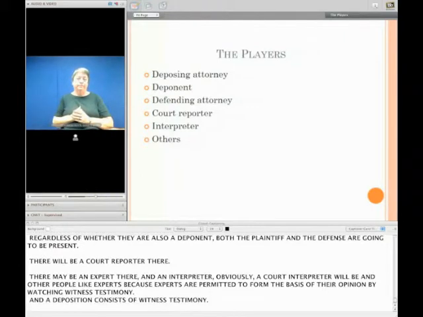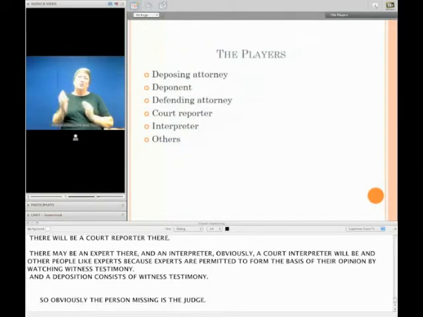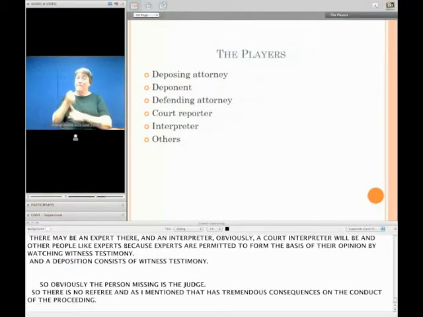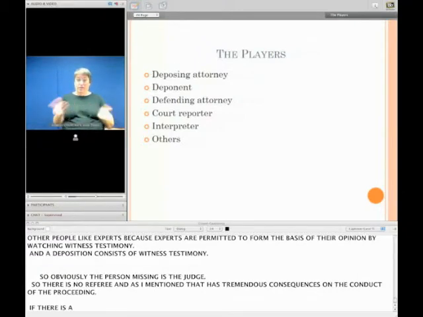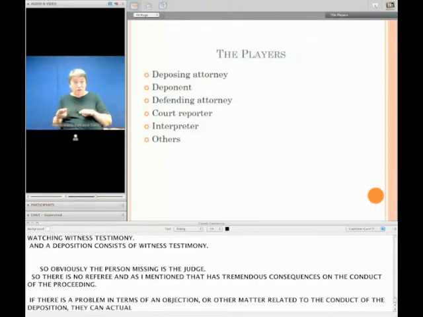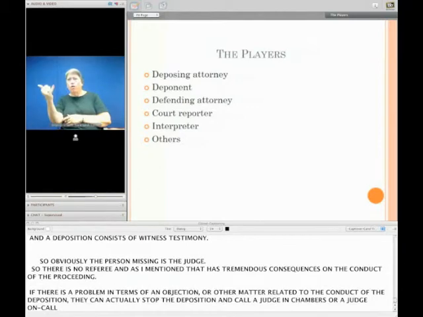So obviously the person missing is the judge. So there's no referee, and as I mentioned, that has tremendous consequences on the conduct of the proceeding. If there is a problem in terms of an objection or other matter related to the conduct of the deposition, they can actually stop the deposition and call a judge in chambers or a judge on call to handle the discovery dispute.